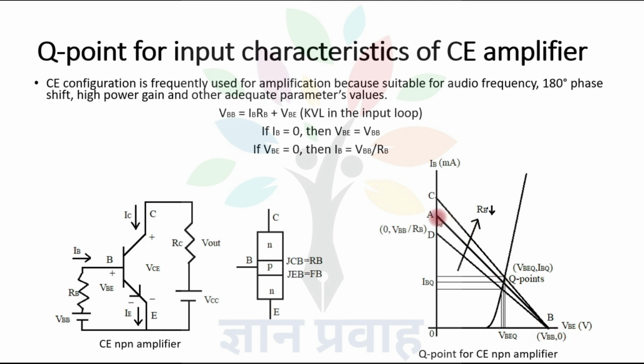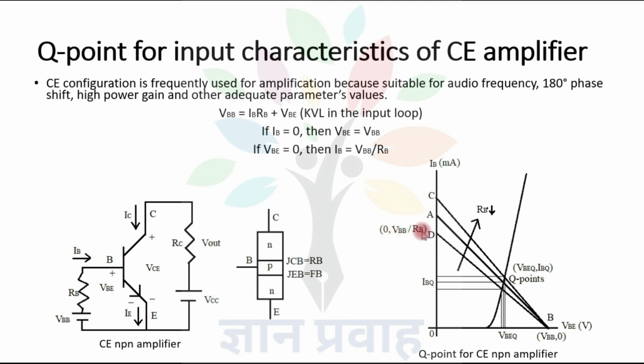So here we have shown 3 DC load lines, and these 3 DC load lines are plotted by varying the value of RB. So if the value of RB is decreasing, then the DC load lines are moving in the upward direction, because the coordinate of this point is 0, VBB divided by RB.